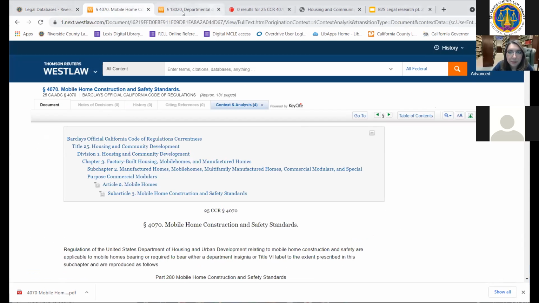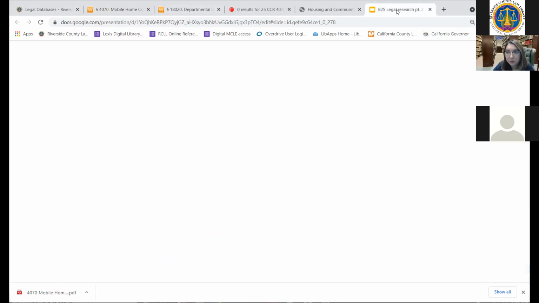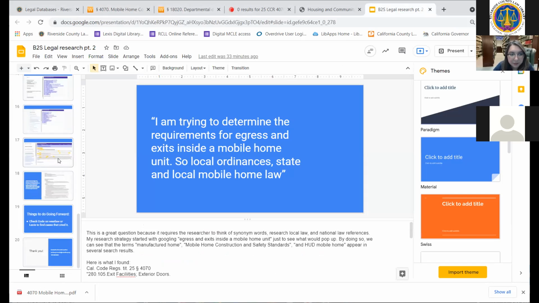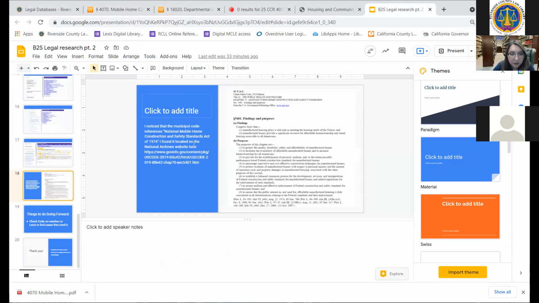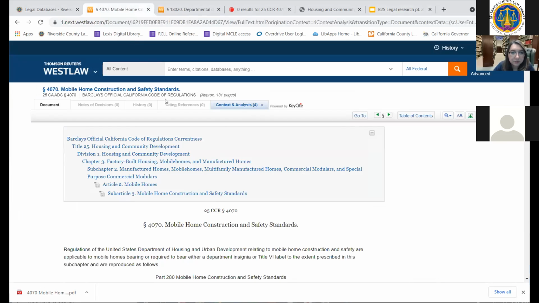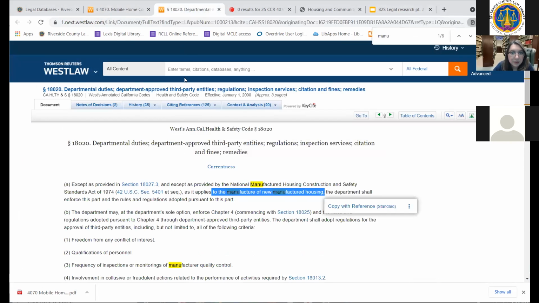And then while we're just looking through it, I'm curious, so I'm going to look up the National Mobile Home and Safety Standards Act, just to see what pops up.